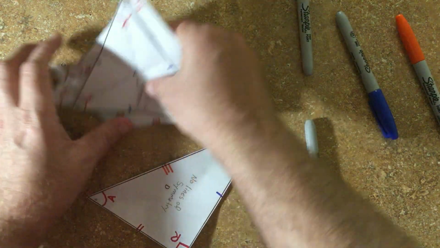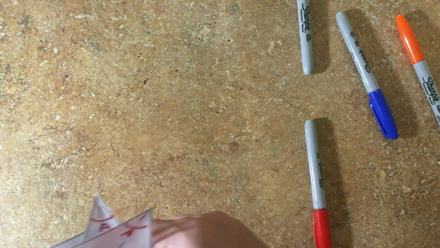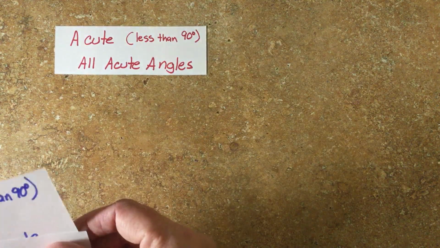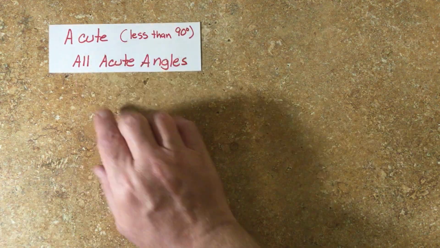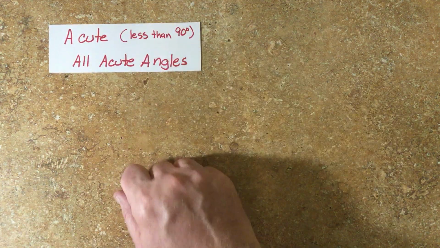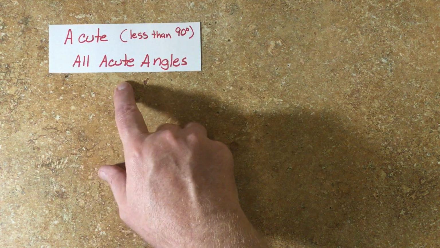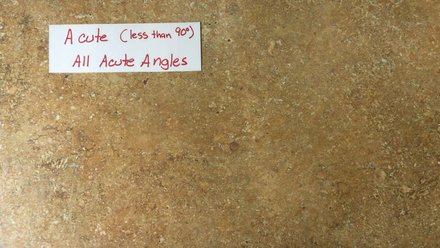All right. So now we've done the analyze, we're going to start getting into that sorting or classifying. And I'm going to start by using our angles. We have acute, and we talked about they are less than 90 degrees, and we're looking for all acute angles on the triangle.